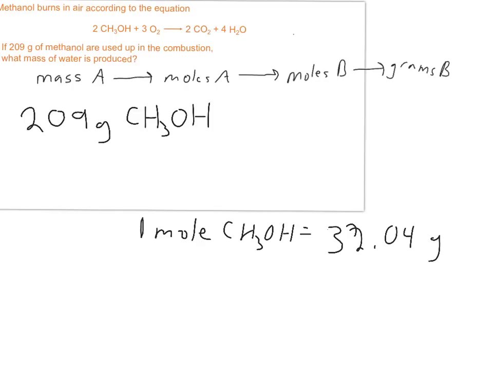So this is an equality from dimensional analysis. This can be arranged where the mass is in the numerator or the denominator, the mole is in the numerator or the denominator, and which one we use is based upon the unit. Okay, so we've got grams in the numerator for 209 grams.